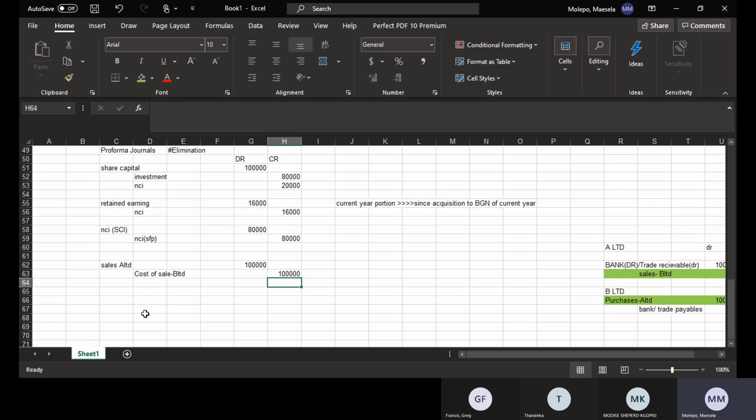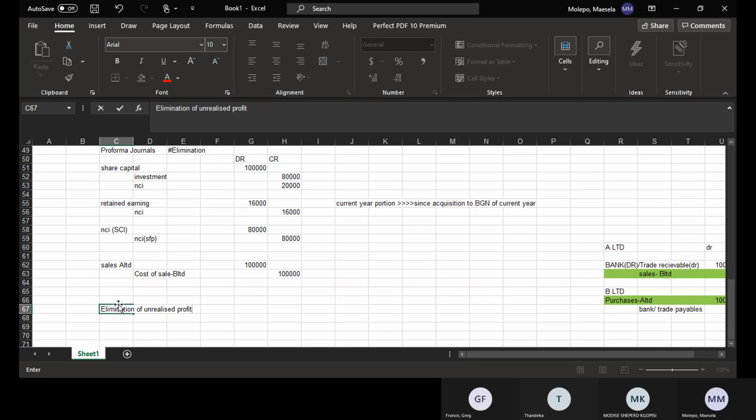Then now the big part, the elimination of the unrealized profit. We were told that A's total sales to B Limited during 2008 amount to 100,000. So initially, the opening inventory of B Limited, they did tell us somewhere.